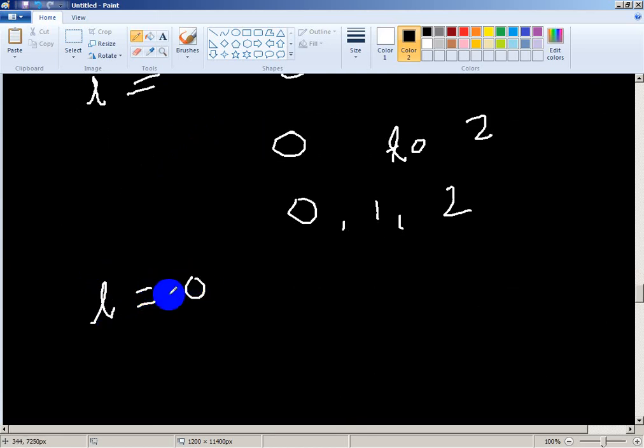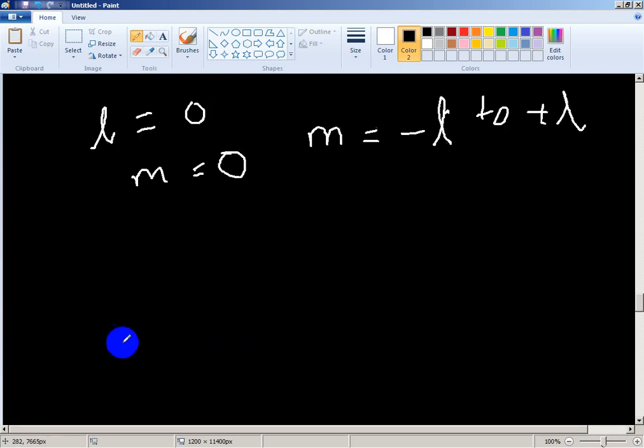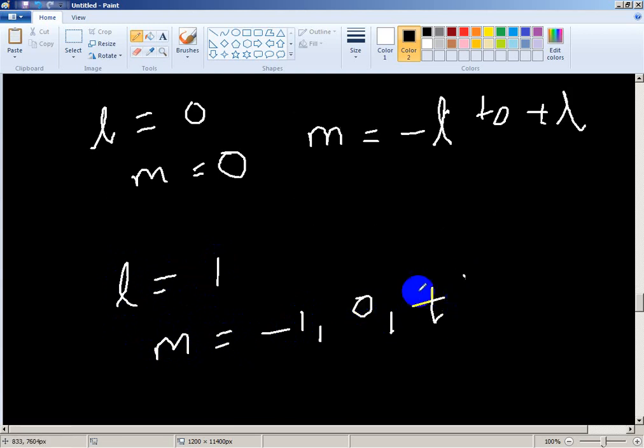We know M value is minus L to plus L. When L equal to 0, M is also 0. If L equal to 1, M will be minus 1, 0, plus 1.